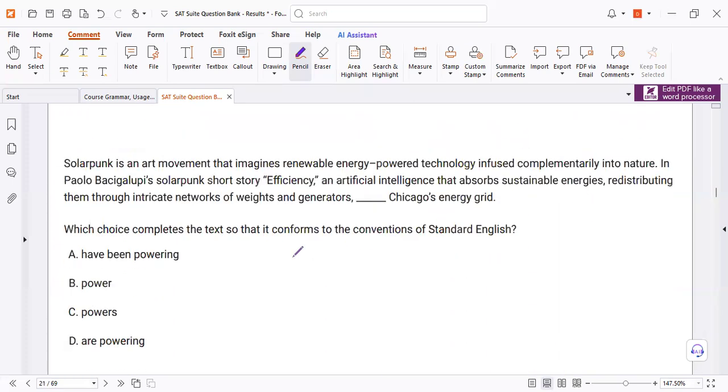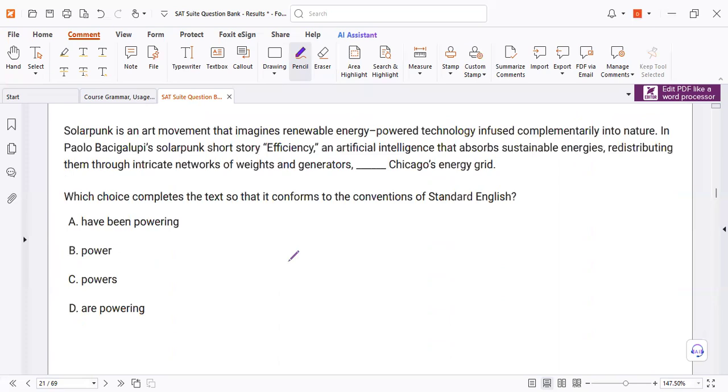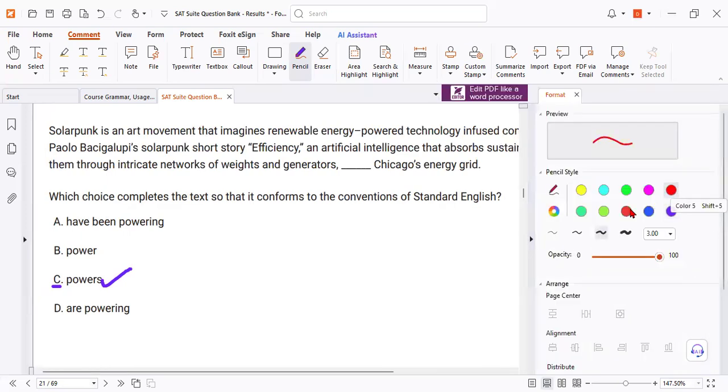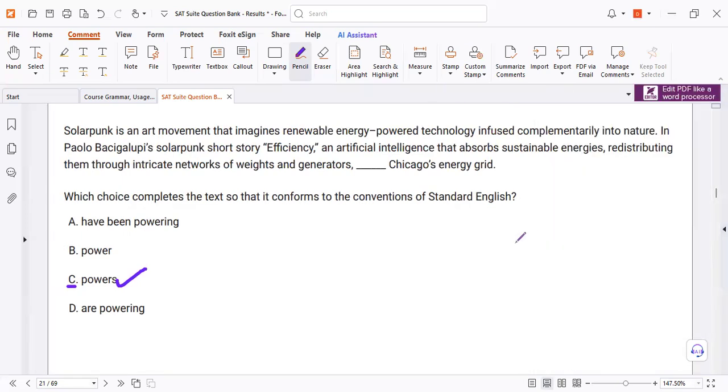Come on. What is the next? No, B, B. But letter C is correct. Why? Let's follow the rules. Let's find the sentence from the beginning and revise the structure.